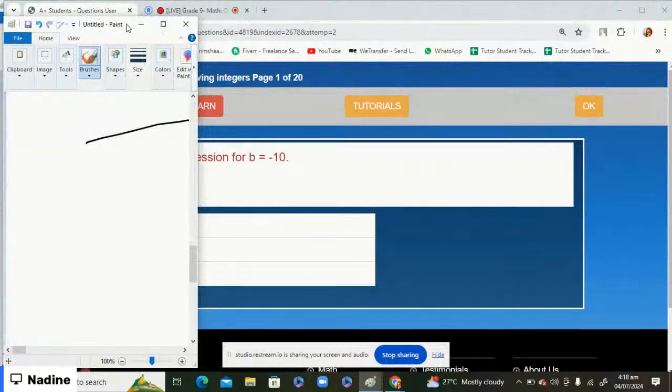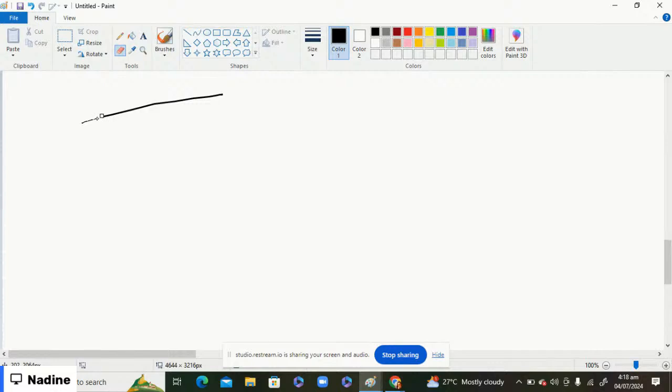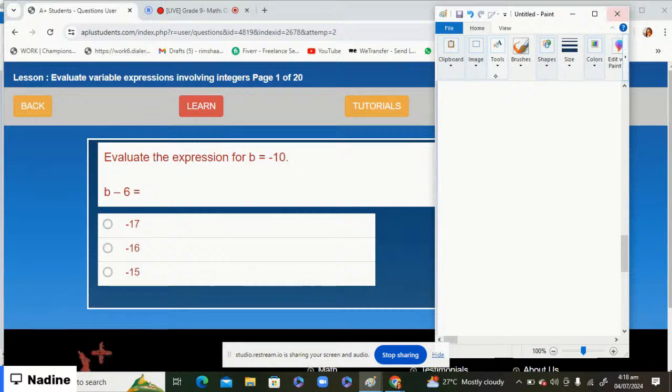Now let's just do it. So look now. This is B is equal to minus 10, and here is B minus 6. Understand? So here it's B minus 6.